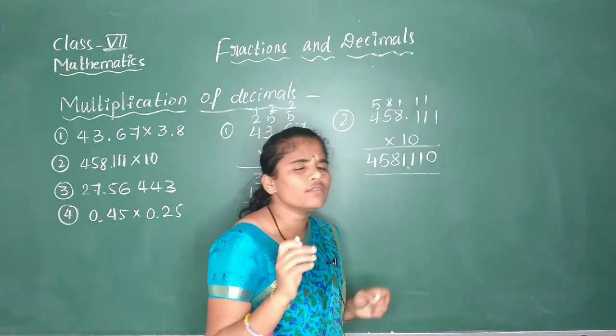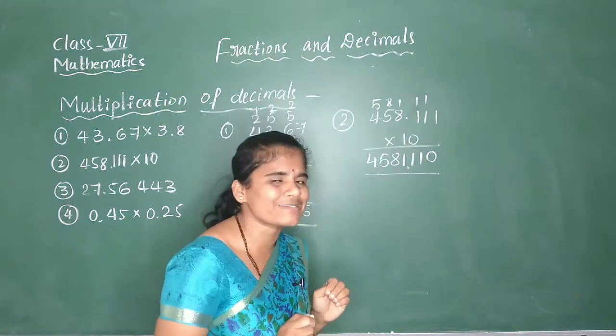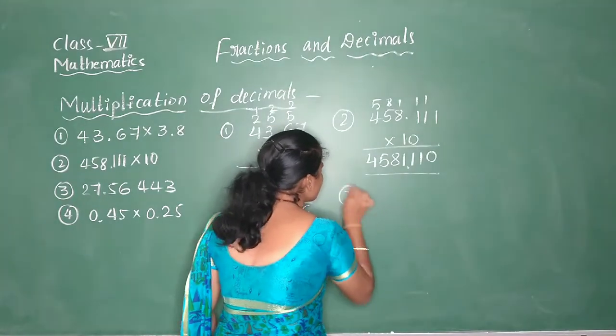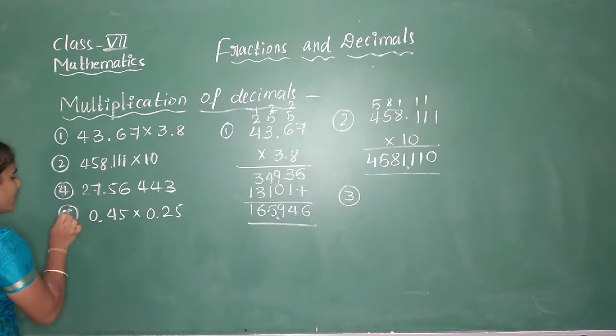4581.110. Otherwise, I will tell you an easy calculation by taking one more example, that is, take it as the third example. Here, make it a 4, here 5.